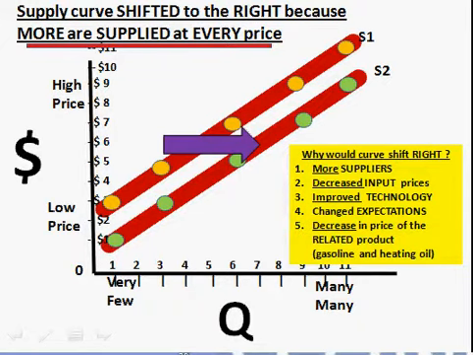Okay. And if there is a decrease in the price of that related product, we used the example of gasoline and heating oil a few minutes ago. If that price of heating oil went down dramatically, then in all likelihood the producers of gasoline would be refining more crude oil to make gasoline rather than heating oil. Okay. The same thing would be true for our coffee growers.